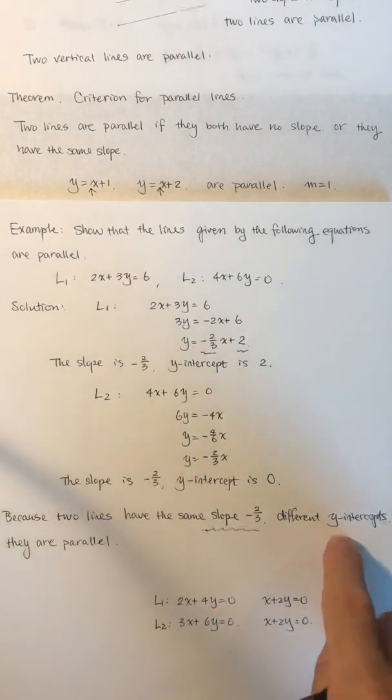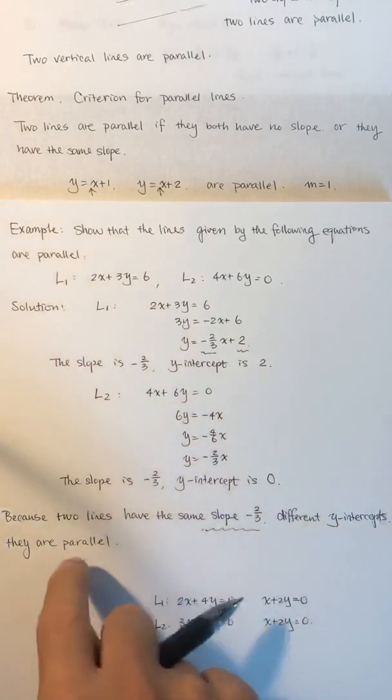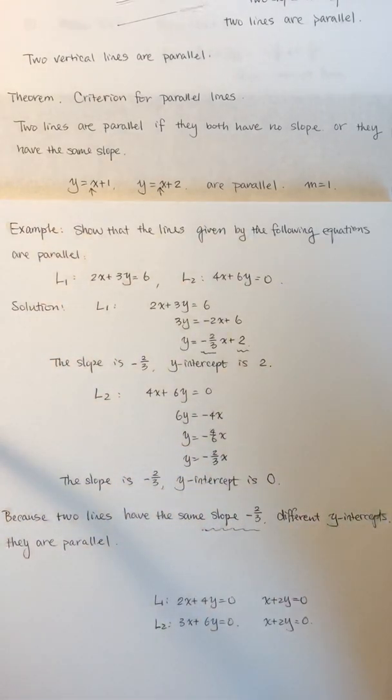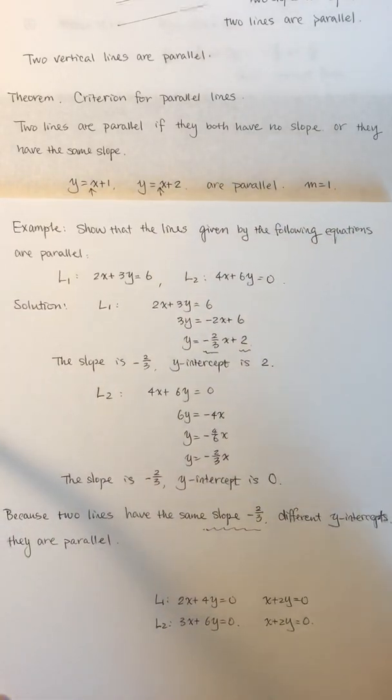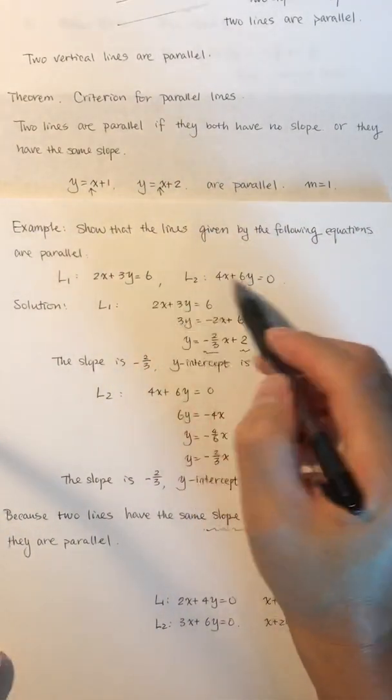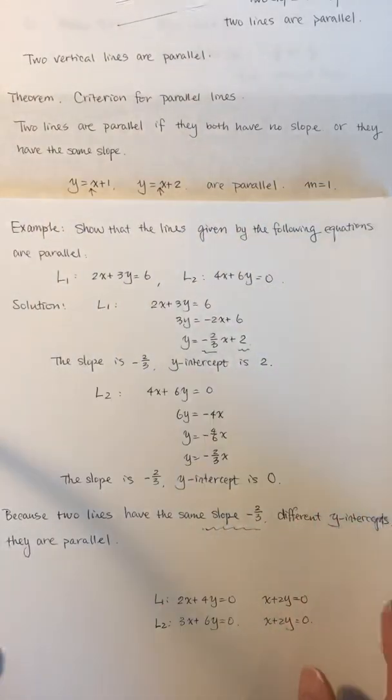Okay, that's the translation. So that's a slope criterion for parallel lines. When you have two lines, you can determine whether they are parallel or not.